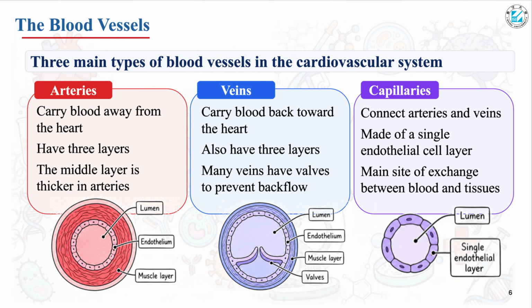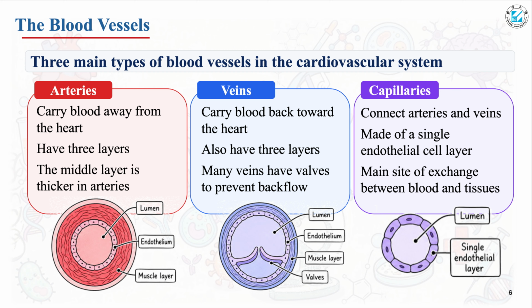There are three main types of blood vessels: arteries, veins, and capillaries. Arteries carry blood away from the heart. Because they receive blood pumped out from the heart, arteries need to tolerate higher pressure. Arteries have three layers, and the middle layer is thicker than that of veins.